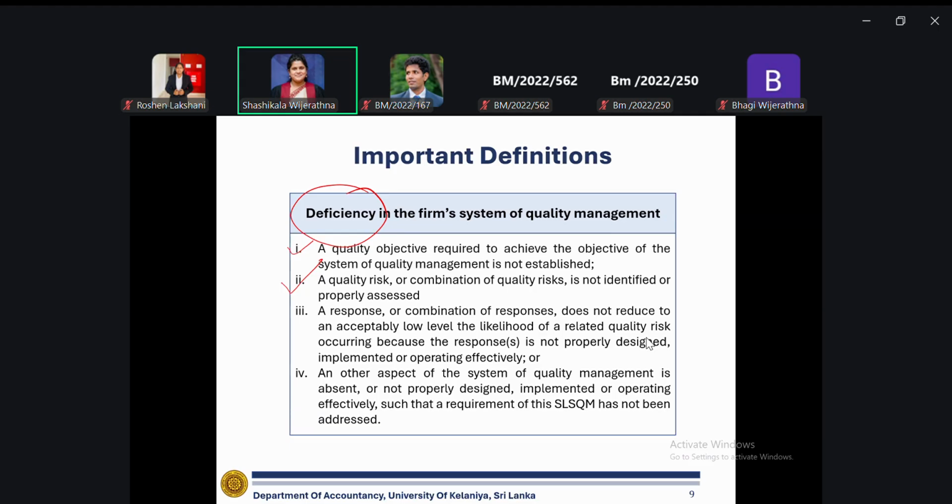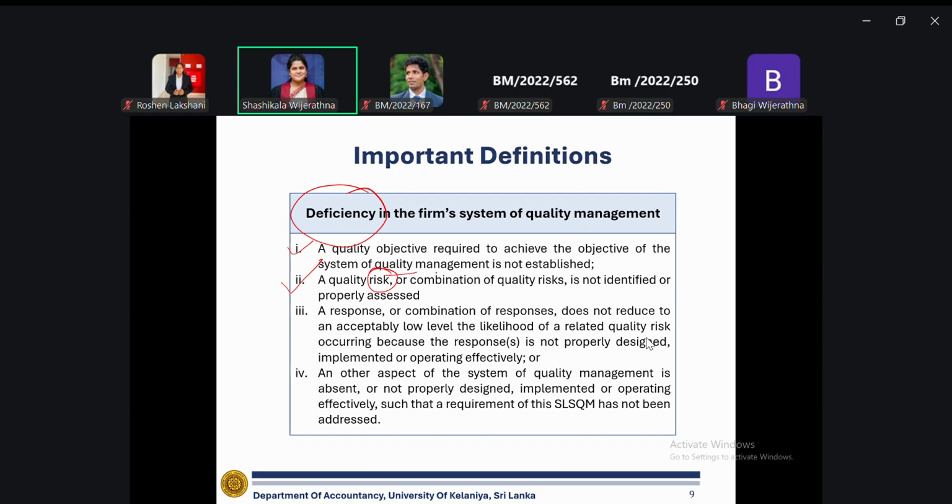the quality risk. So what do we usually define as a quality risk? Risk is simply what? A risk is something that creates an uncertainty, right?